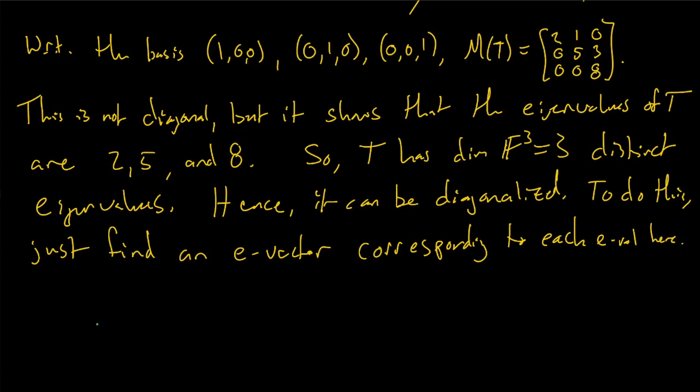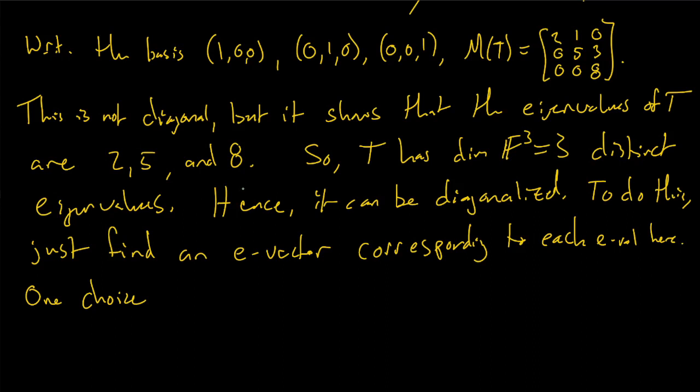Okay, cool. So you can find eigenvalues or eigenvectors pretty easily. You just solve the equation TV minus lambda V equals 0, where you plug in lambda is 2, lambda is 5, and lambda is 8.